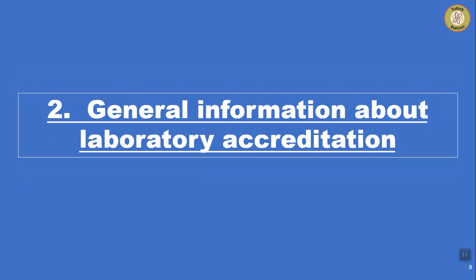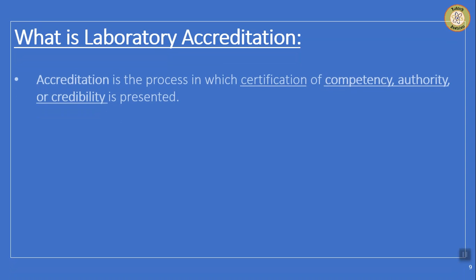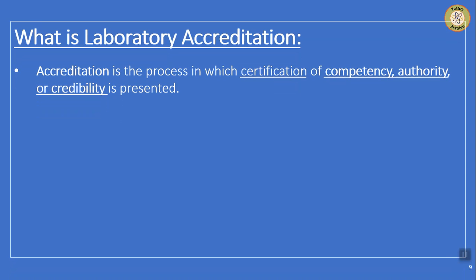So second comes the general information about laboratory accreditation. If you want to see the general information, the important thing is what is laboratory accreditation. So accreditation is the process in which certification of competency, authority or credibility is presented.